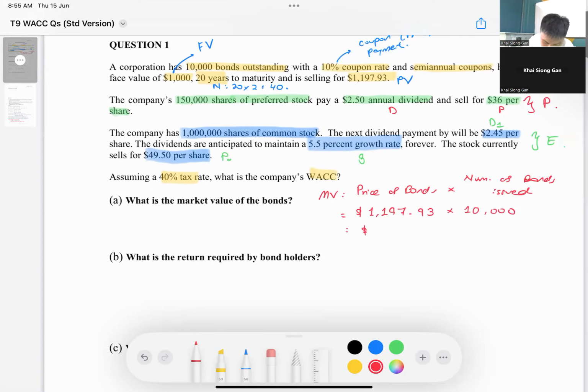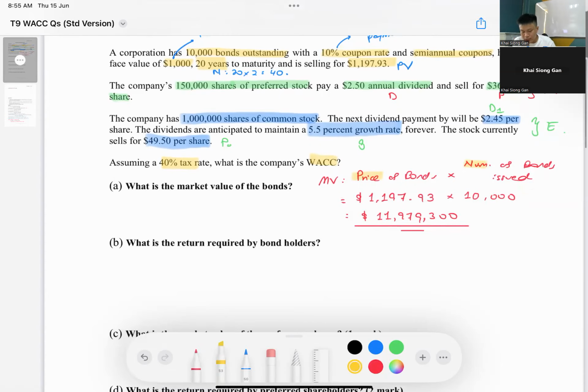You get quite a large number, 11,979,300. Okay, so that's the answer for the first one. That's how you calculate market value. Market value means you use the price times the amount.